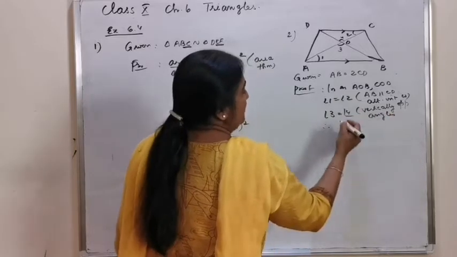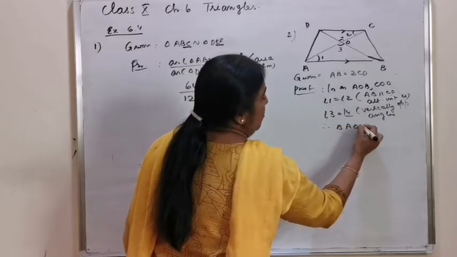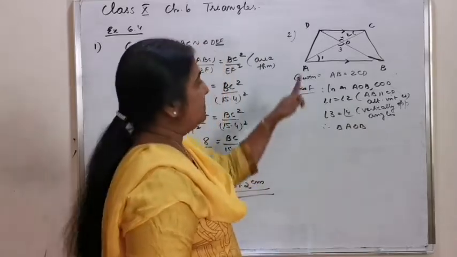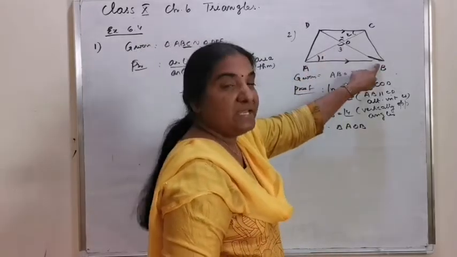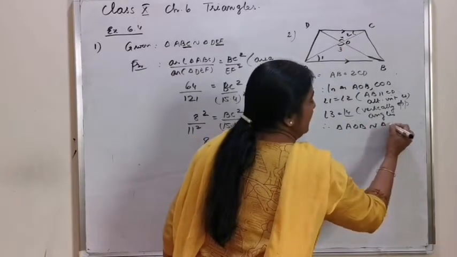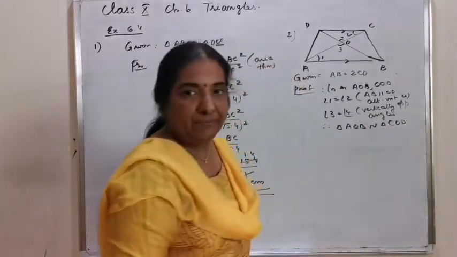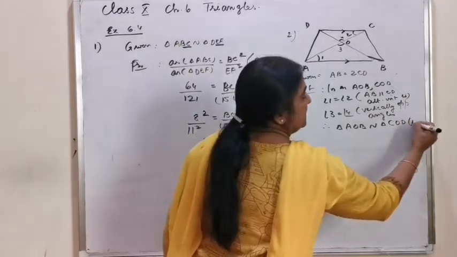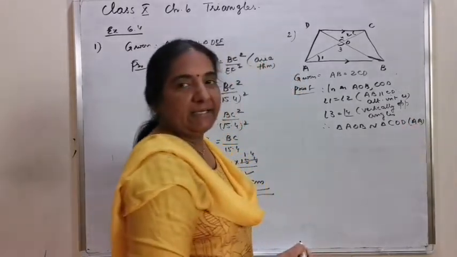Therefore, triangle AOB is similar to triangle COD, write the order properly, by AA similarity.